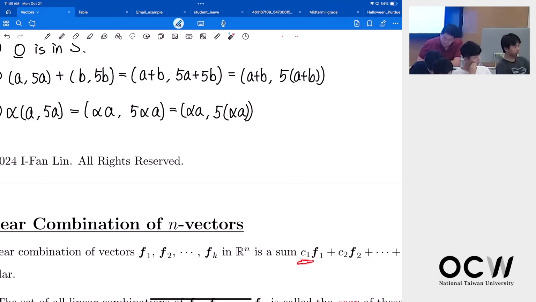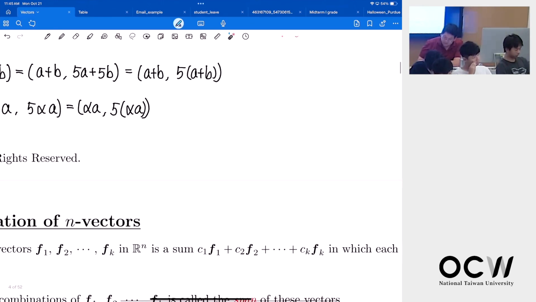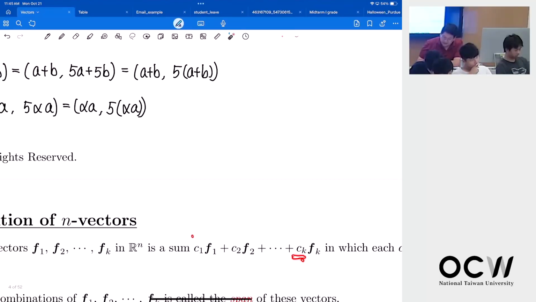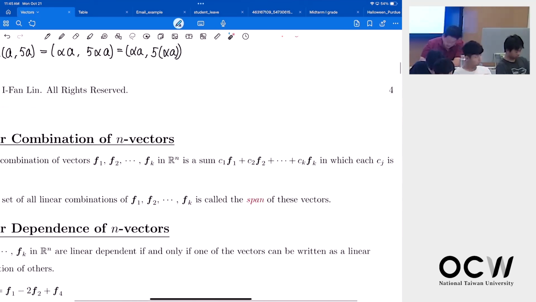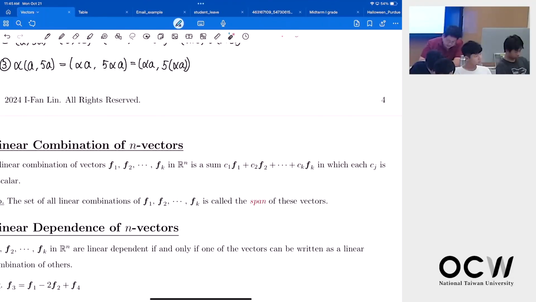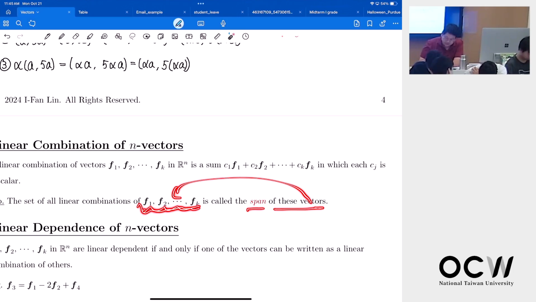So C1, C2, C3 to Ck. This is the linear combination of the vectors. And we say that the set of all linear combinations is the span of these vectors, f1 to fk.